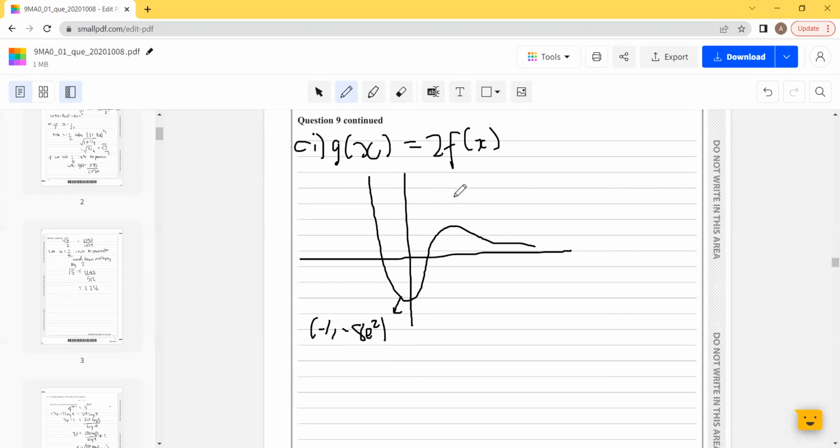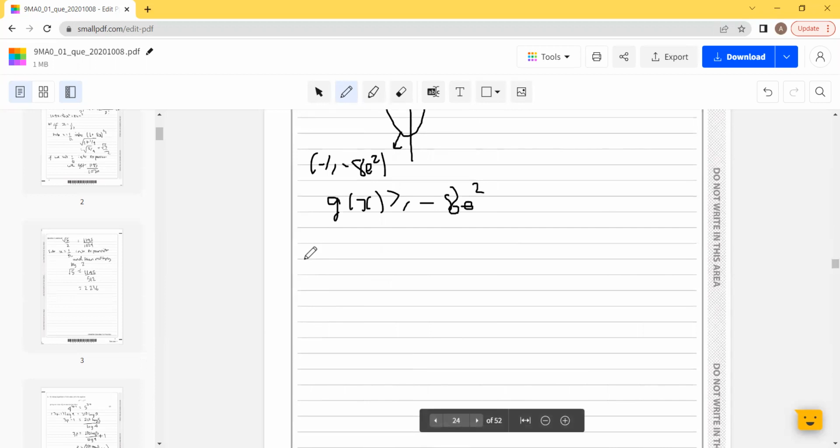And the other point isn't (2, 8e^-4), it's (2, 16e^-4), because we just multiplied the y coordinates by 2. So the range in this case is g of x is greater than or equal to -8e^2.